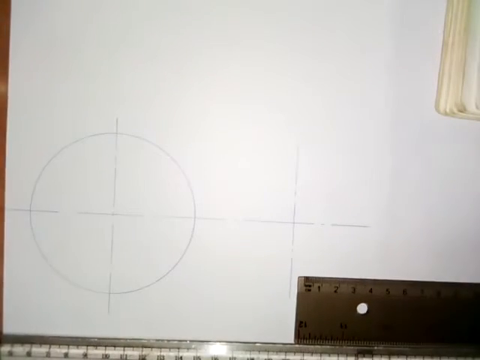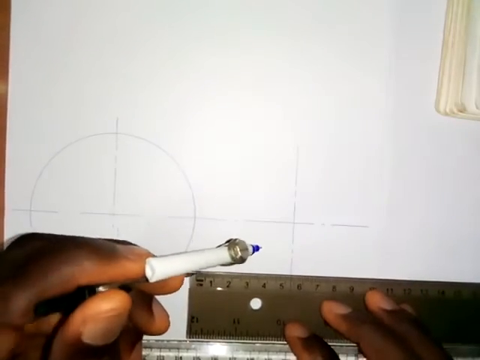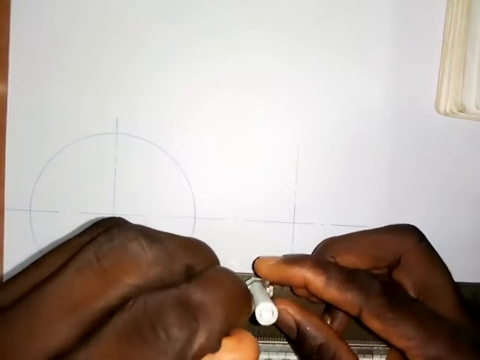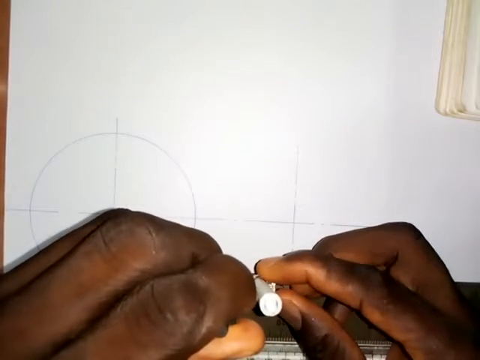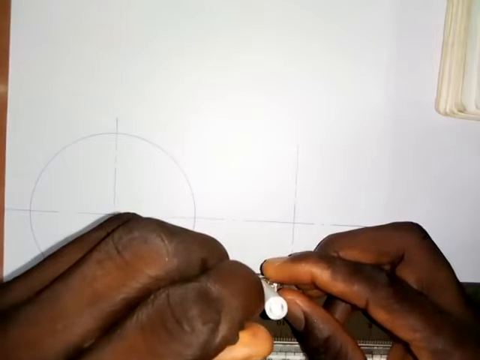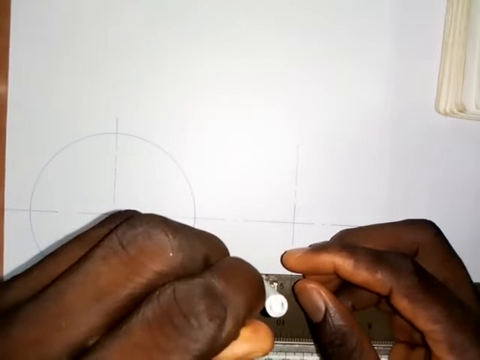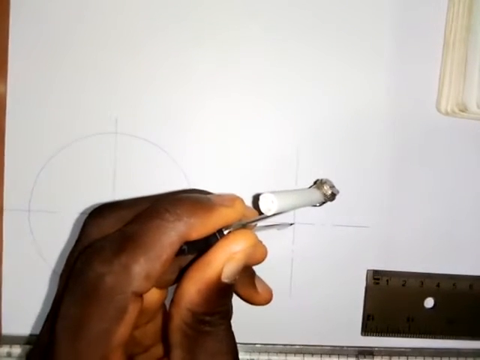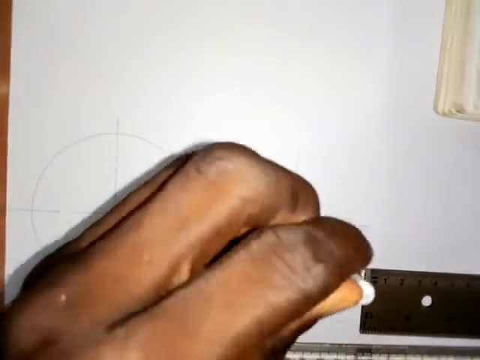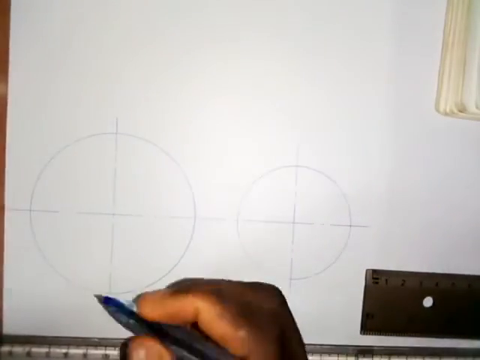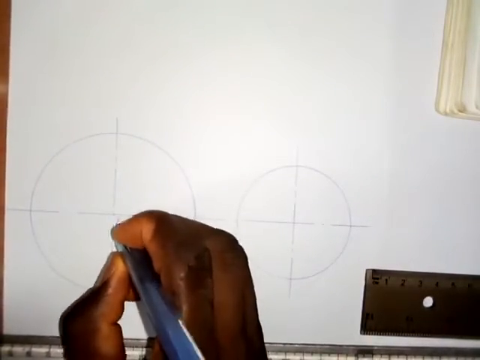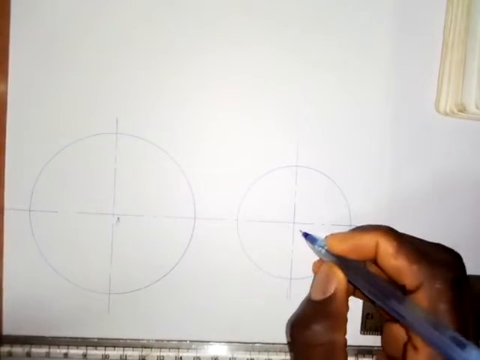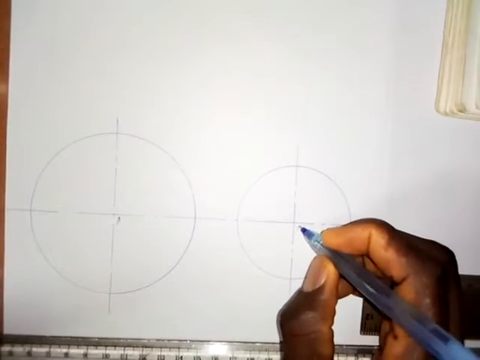Next is 32, the radius of the small circle, 32 mm. Let me label this center. This point is center A, and this is center B.